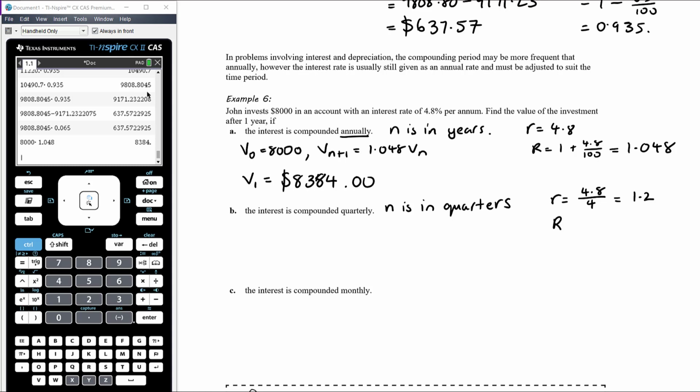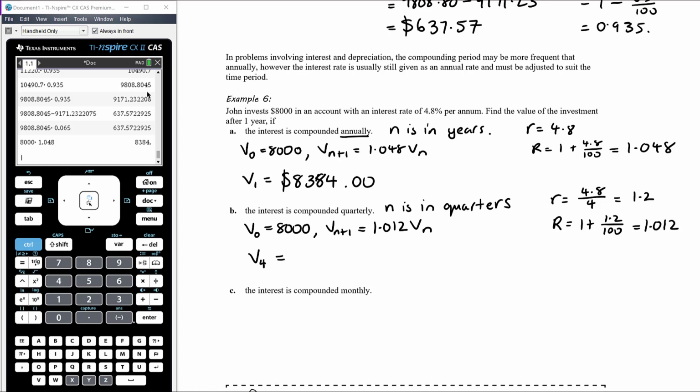So in this case, our r value, we're increasing by 1.2% every quarter, which is to multiply by 1.012. Now our recurrence relation, where n is in quarters, is V0 is 8,000, Vn plus 1 is 1.012 times Vn. But if we want the value after 1 year, 1 year is 4 quarters, so that's V4.